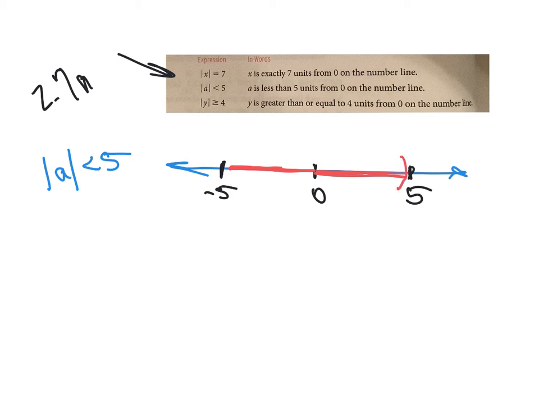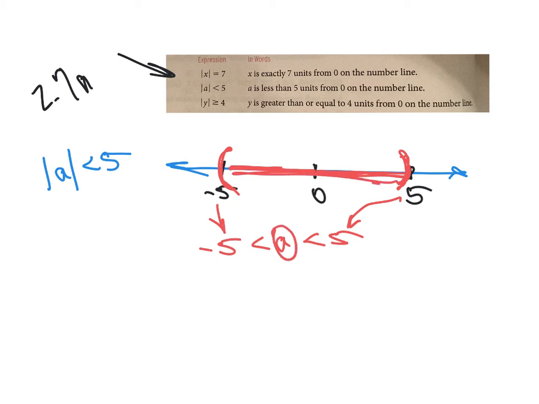Therefore, we make rounded circles because we don't want to include 5, because it's less than 5 units away. And we could also write this as that. So we take this and this and put them at either end, and the variable then goes in the middle, because a is somewhere between this number and this number.